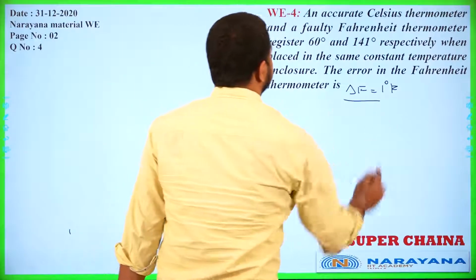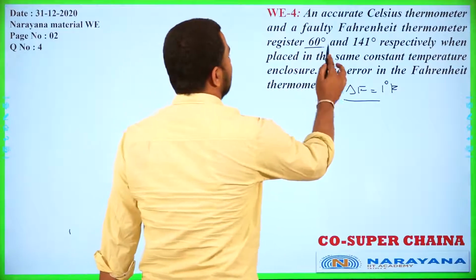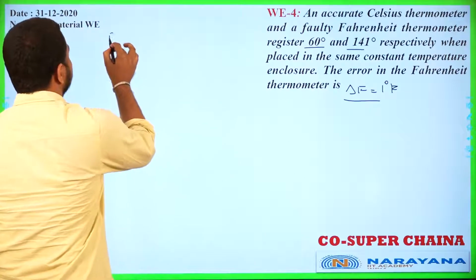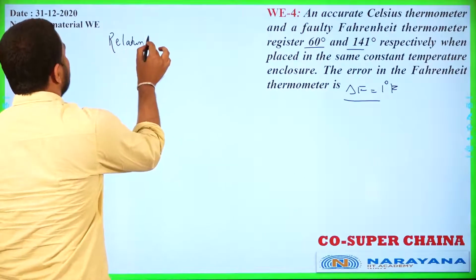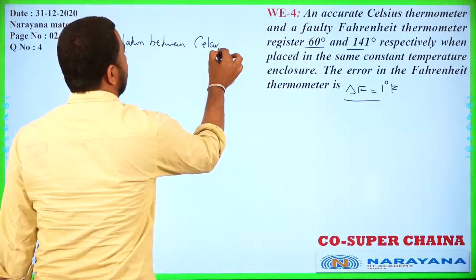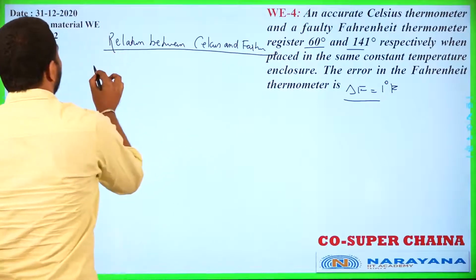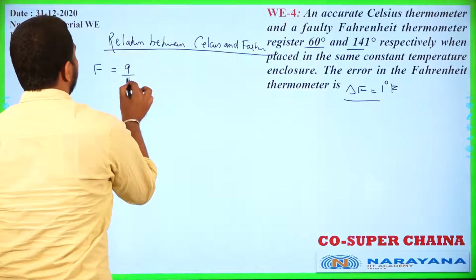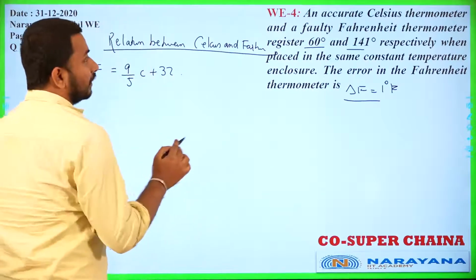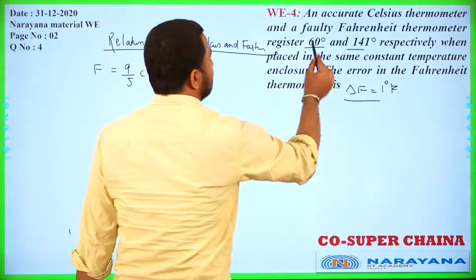Here it is given that Celsius and Fahrenheit scales are given, so we again have to find the relation between Celsius and Fahrenheit. We know F is equal to 9 by 5 C plus 32, right? Here the Celsius is accurate and the Fahrenheit is faulty.